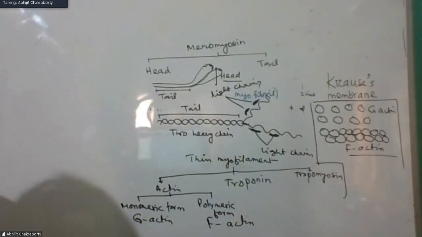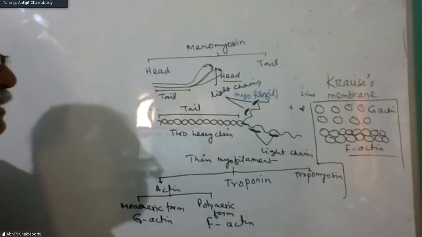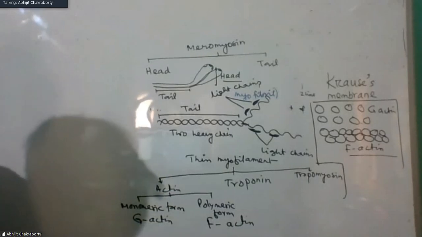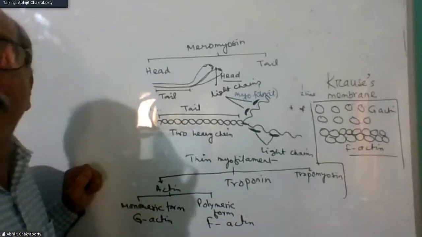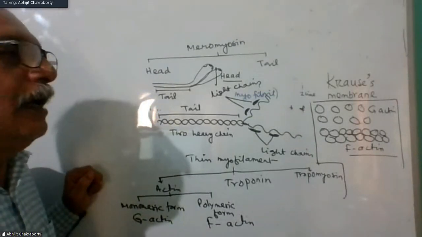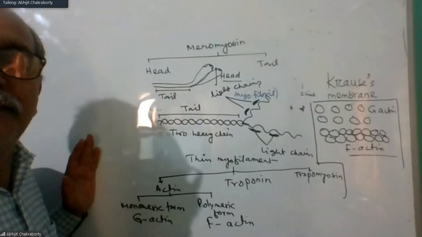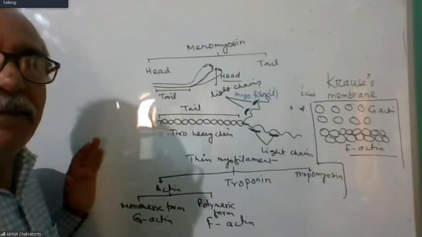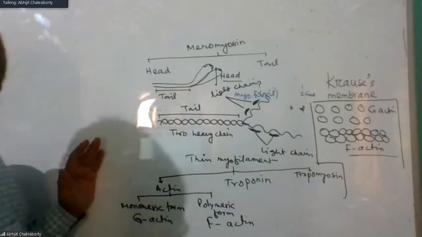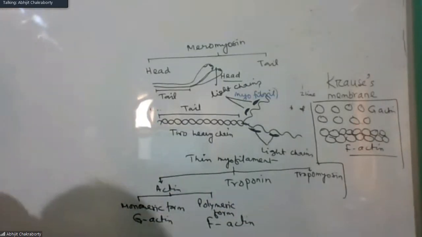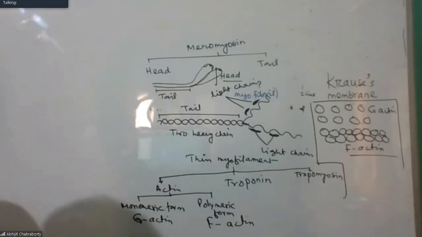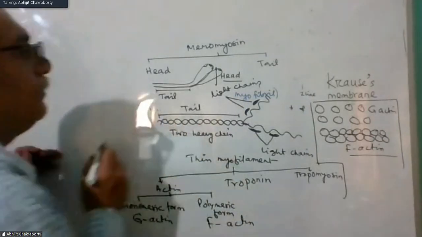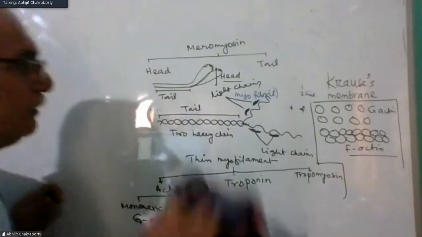Clear now? Actually, it forms the fibrous form, that is F-actin. G-actin means globular form, that's why G-actin. So actin is found in monomeric G-actin form or polymeric F-actin form. Clear up to this? Yes, sir. Okay. After that now, you know troponin is found in three forms. I have to write here, I have to rub it out.